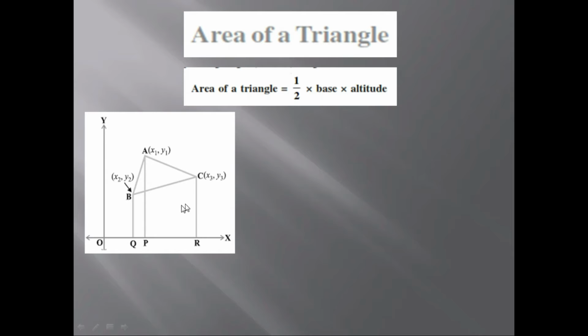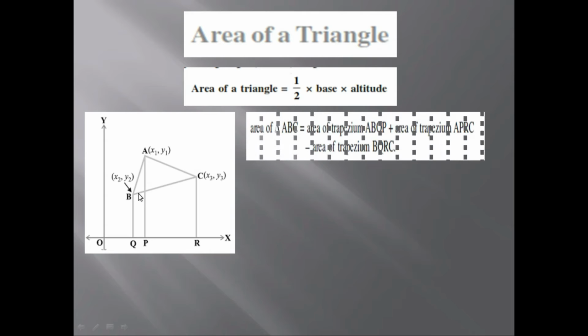Now how do we find the area of ABC? You add the areas of ABQP plus ACRP, and after the addition you remove the area of BCRQ. So area of triangle ABC is equal to area of ABQP plus area of APRC minus area of BQRC.